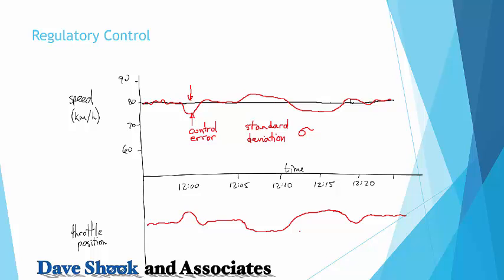But we may be interested in rate of change of manipulated variable. Because that, it turns out, can often tell you how badly the manipulated variable is affecting other variables.